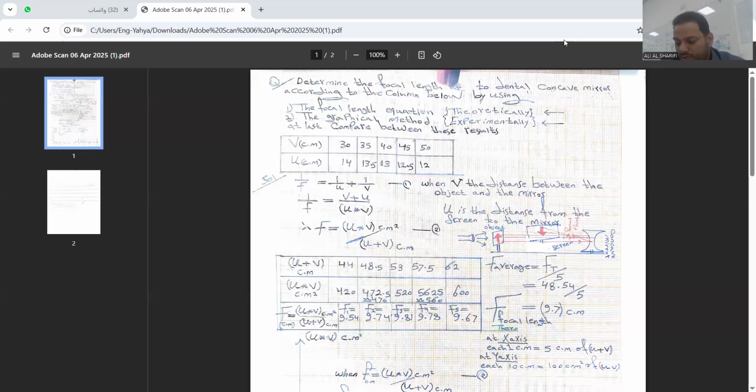I'm talking about the focal length equation, which will be the same, and the graphical method, how we will plot the necessary elements to calculate the focal length, which will be the same. But an important and simple difference is the mirror.